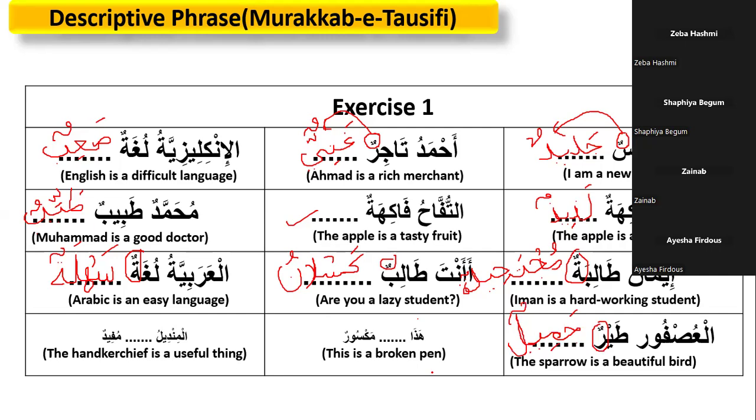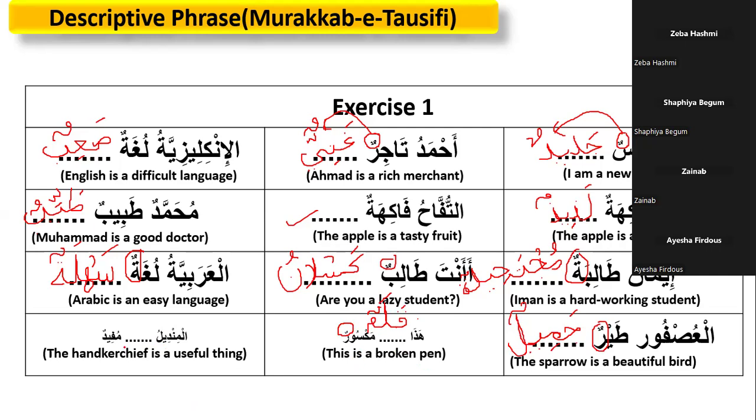Okay. Haza maksurun. Now here the adjective is given. Qalam. Qalamun, because it ends with tanween. Qalamun. It's very okay.